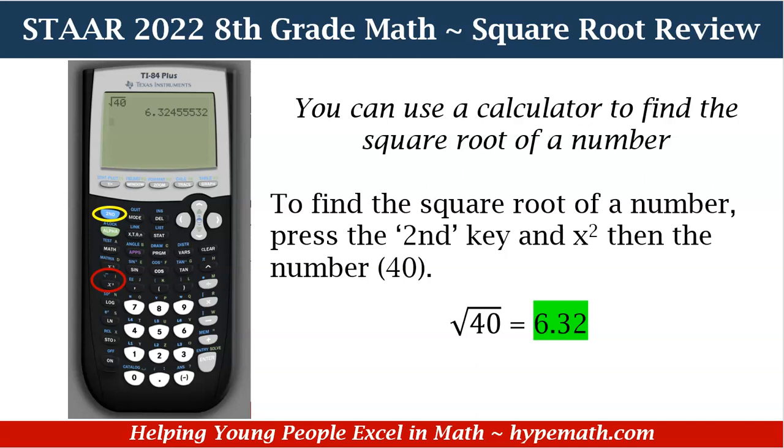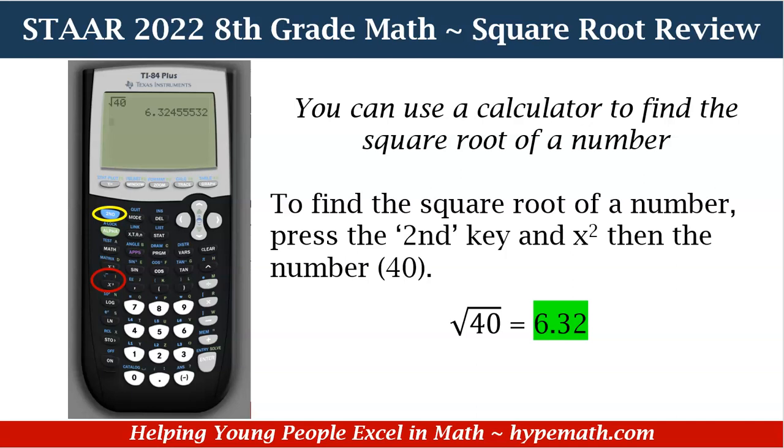Because if you notice, the second function key is highlighted in yellow, and the x squared button is circled in red. If you look right above the x squared, you see there is a light blue square root. Well, in order for us to engage that function, you have to click the second key and then x squared in order to have the square root appear, okay?